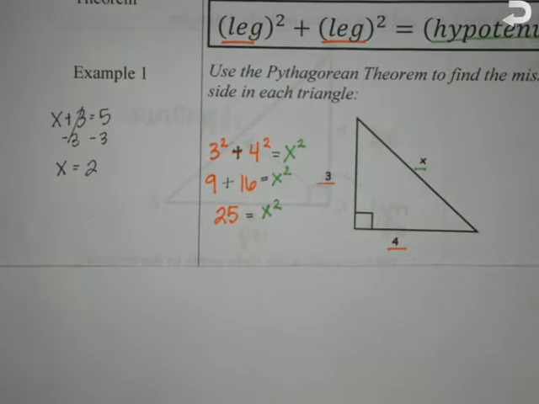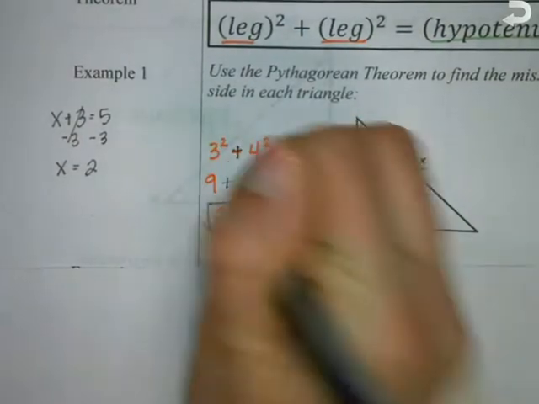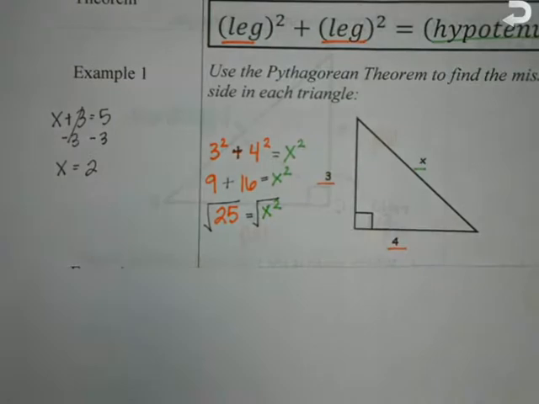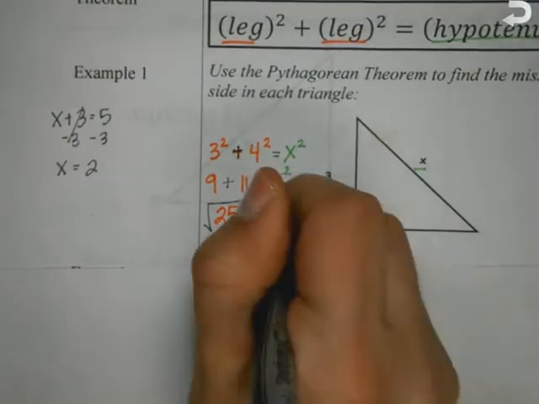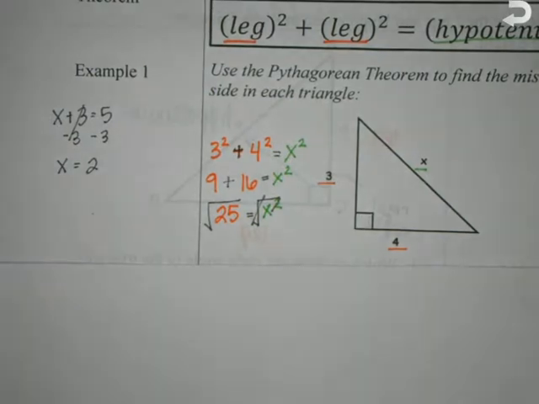Matthew, will you say a little bit louder? The opposite of squaring something is taking the square root of it, right? So if we take the square root of both sides, taking the square root of X squared, they cancel each other out, that square root and that squared. So what is the square root of 25? 5. So we get X equals 5.